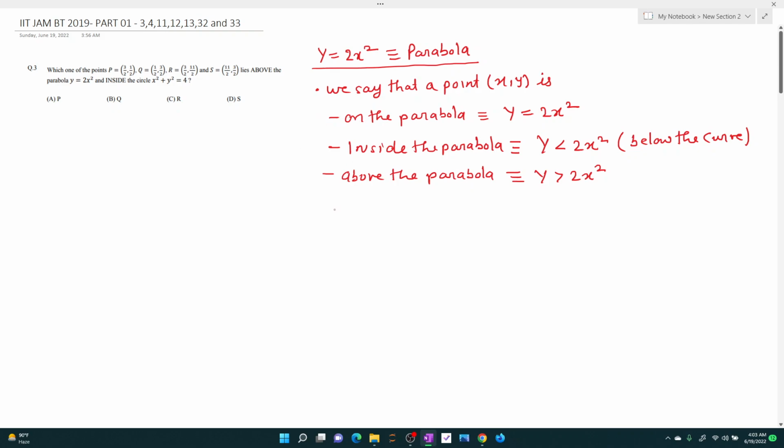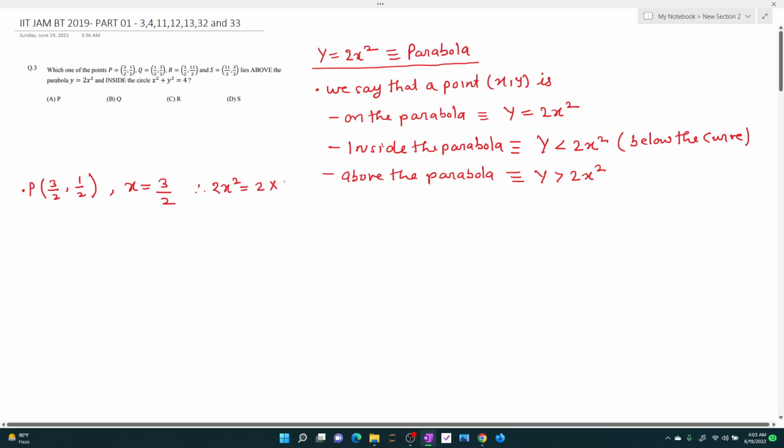So let's start first with the point P. P is nothing but (3/2, 1/2). So here let me find the value of 2x square. The value of x is 3 by 2. Therefore, 2x square is 2 times the square of 3 by 2, which is 9 by 4, right?